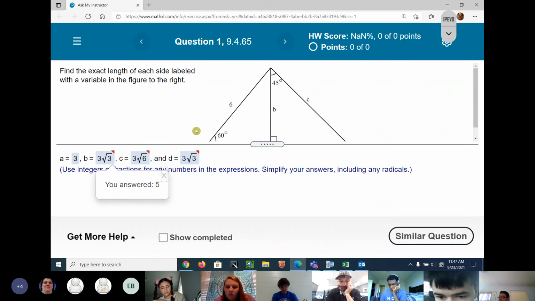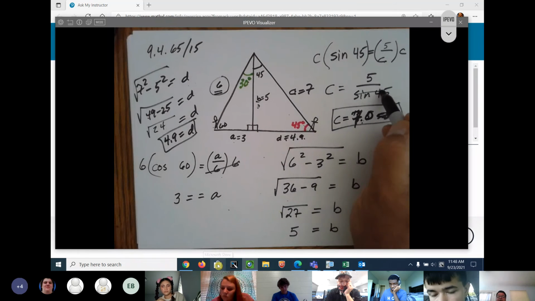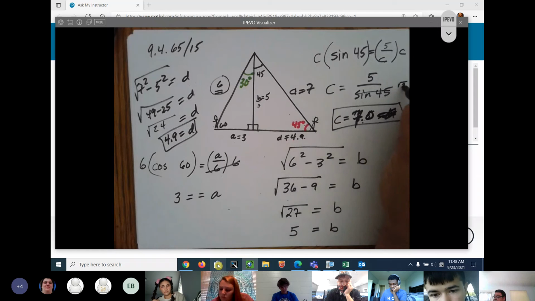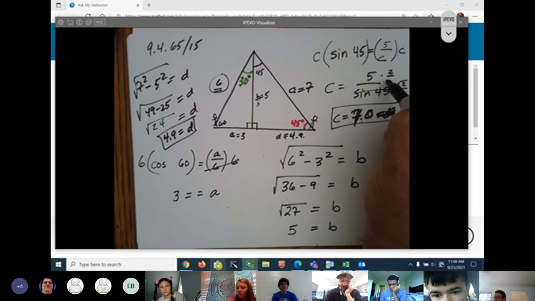What do I mean? Well, you know the sine of 45 is square root of 2 over 2, right? So instead of sine of 45, you put square root of 2 over 2. And you're dividing by a fraction, so you multiply by the reciprocal.